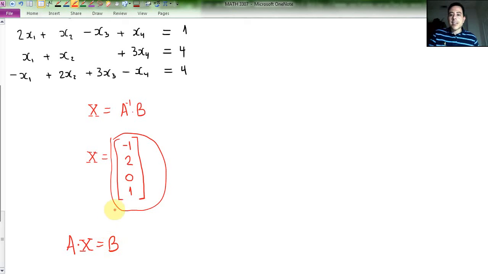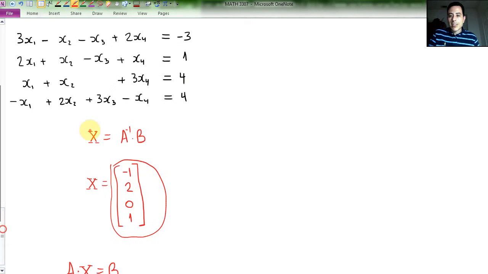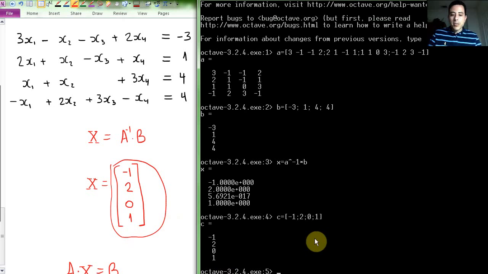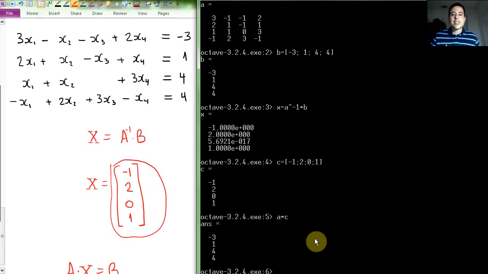Because it satisfies the equation. So if I multiply the matrix A times this vector, I should get the right-hand side, which is negative 3, 1, 4, 4. Let's test that. Okay, so multiply A times C, there it is. That's the right-hand side, right? Negative 3, 1, 4, 4. So it is a solution.